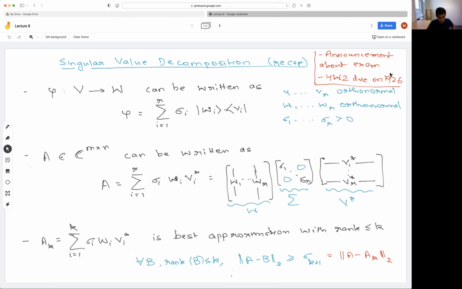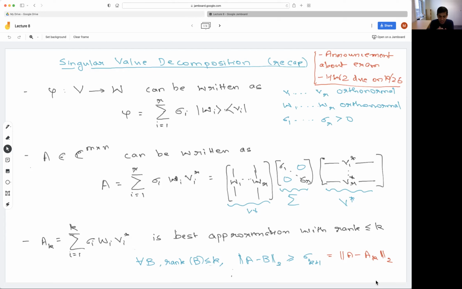And we also saw that this decomposition, in addition to giving us a way of working with the transformation, is also useful for solving some computational problems. One which we saw was coming up with the best low rank approximation for a matrix.